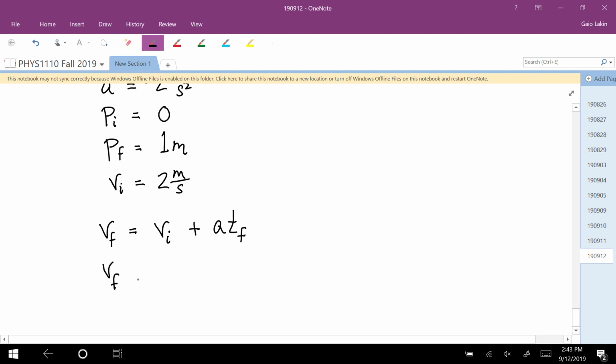So V final is equal to 2 meters per second plus -2 meters per second squared times time final, 1 second.